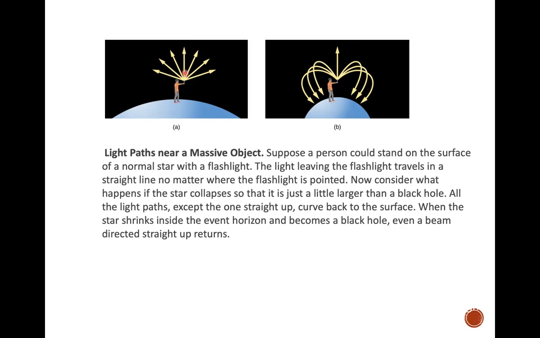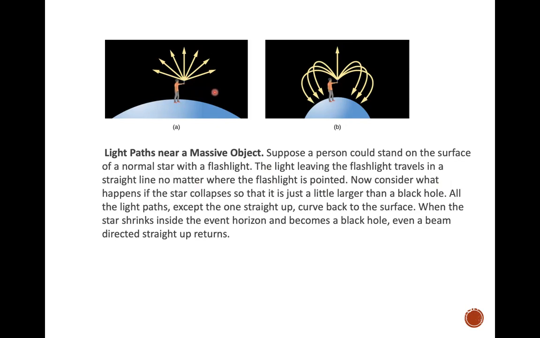Let's say this person is standing on a star with a flashlight in his hand, and he lights it up. Look at how the light travels. According to figure A, the light leaving the flashlight travels in a straight line, no matter where the flashlight is pointed, right? It doesn't matter where it is pointed, the light will be distributed equally among all the directions, and will travel in a straight line, right?